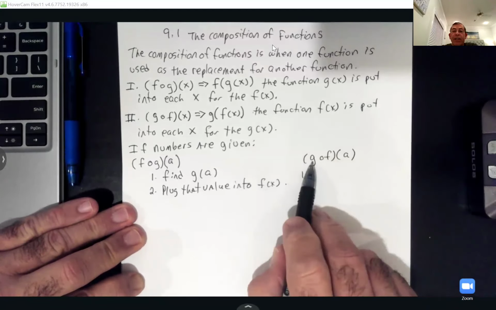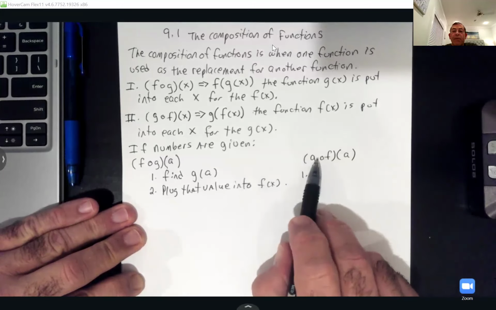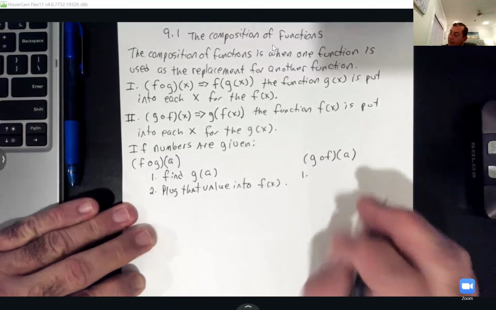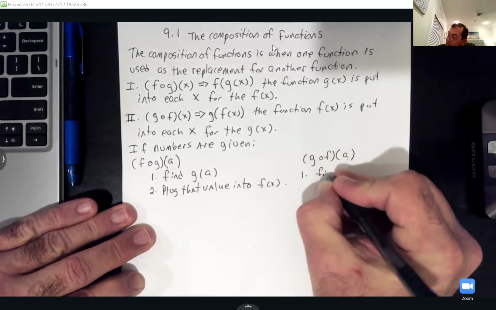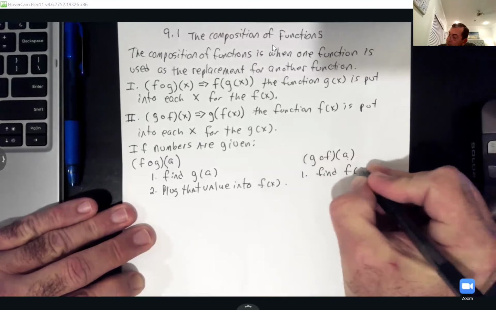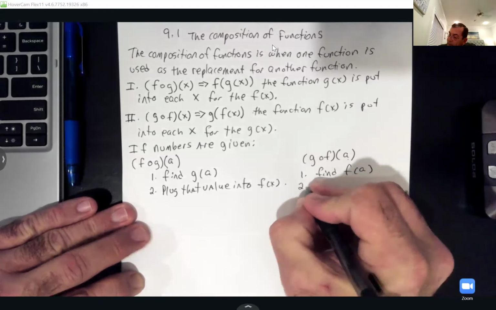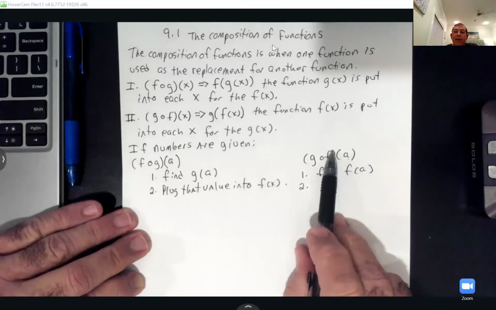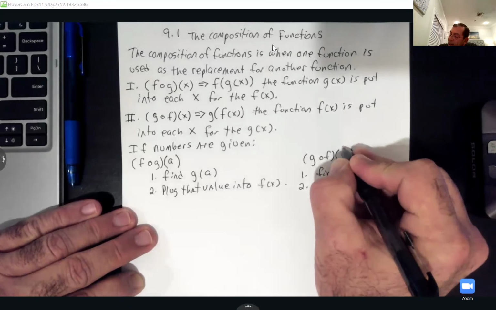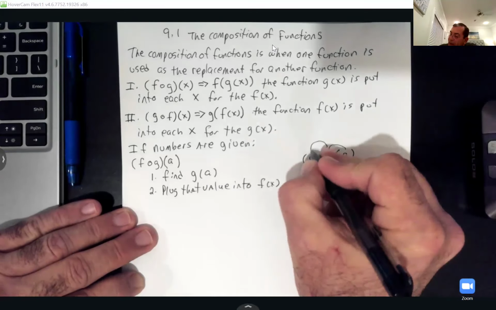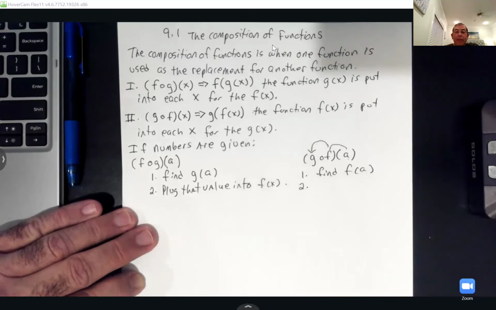Well, if it's G of F or G compose F, then the first thing I do is I find F of A. It's almost like order of operations. A into the F, and then that value into the G. Okay.